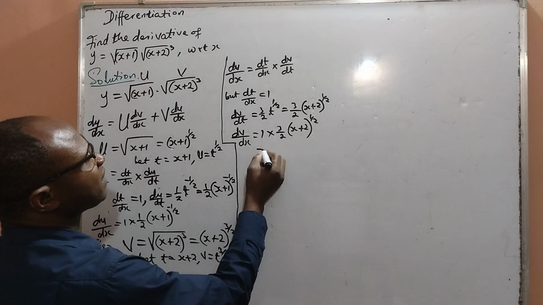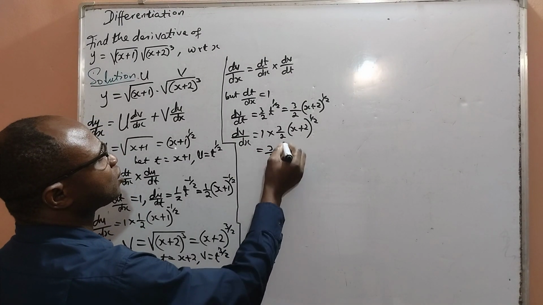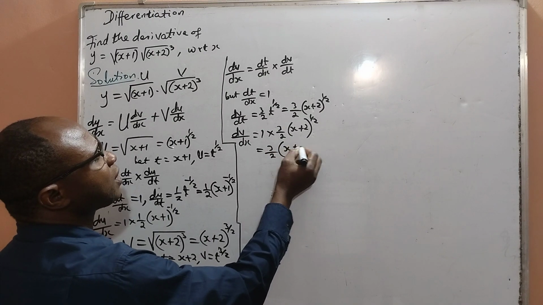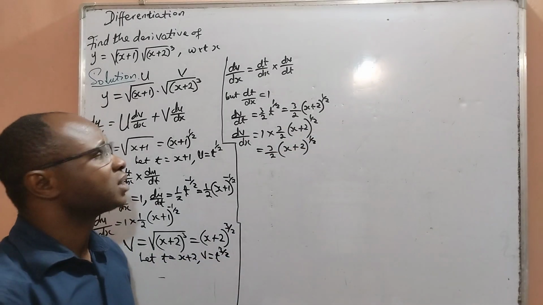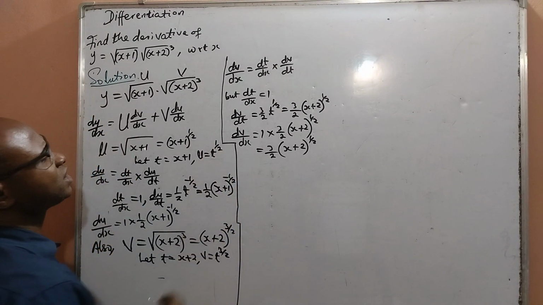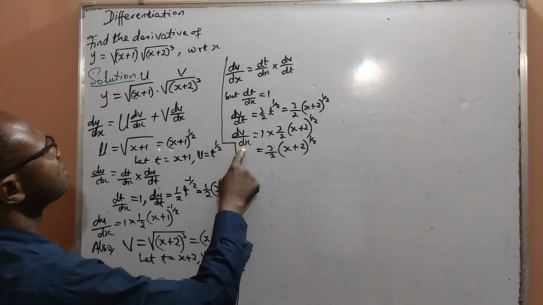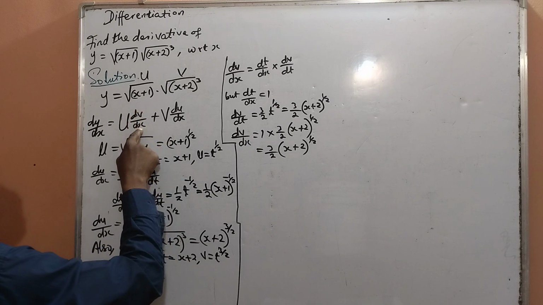And when this is simplified, I will have 3 all over 2 into (x plus 2) all to the power of half. Now, I have gotten dv/dt and dt/dx in my formula for dv/dx.